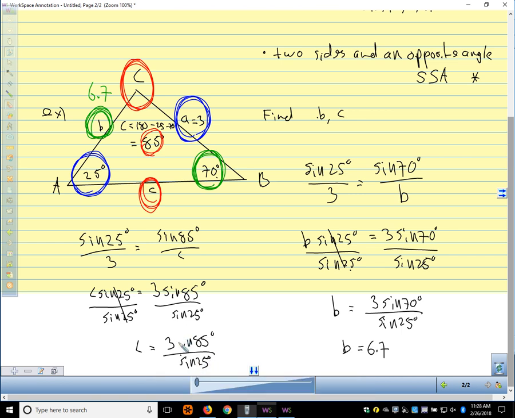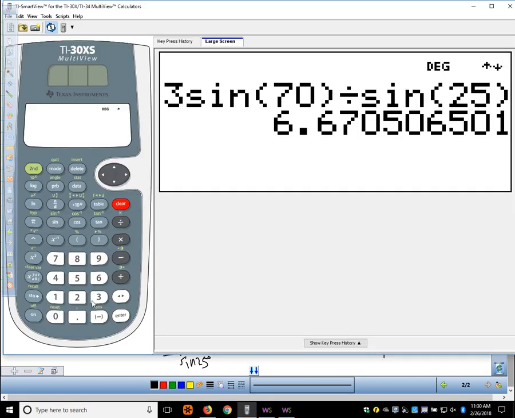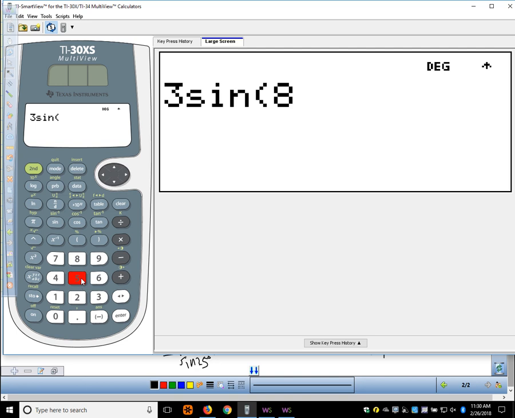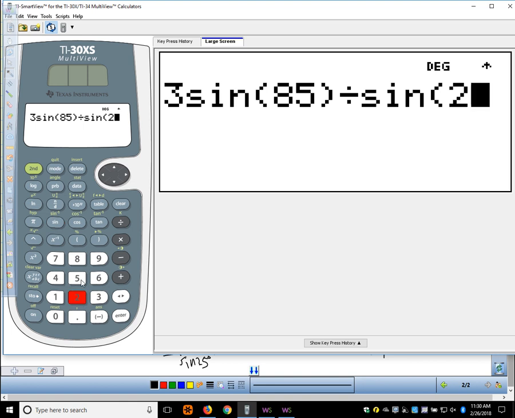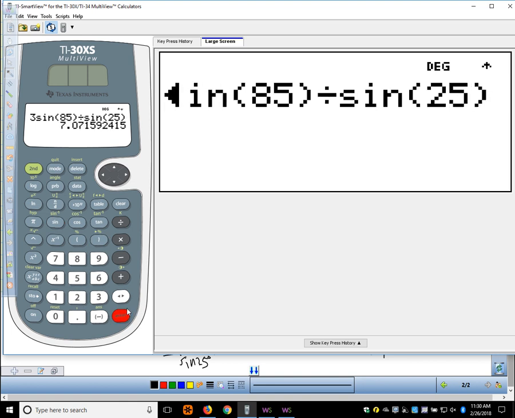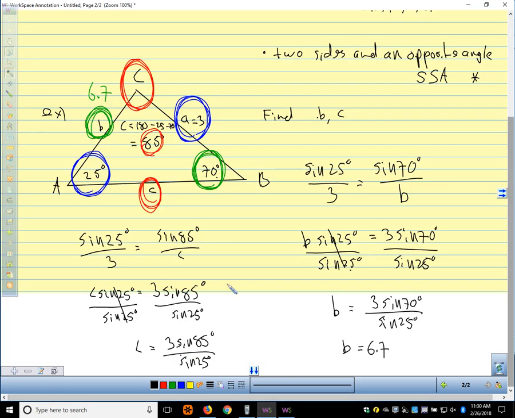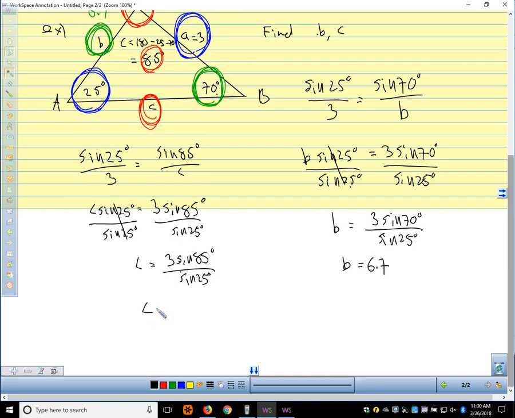I'm going to put this in my calculator, just like this. So 3 sine 85. Make sure I close off that parentheses. Divided by the sine of 25. And I get 7.07. If I round that to the tenth, I would round the 0 up since that's bigger than 5. So 7.1. So there's side C, 7.1.